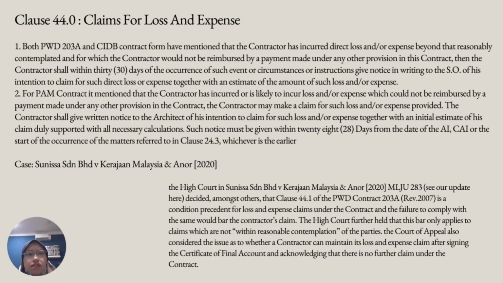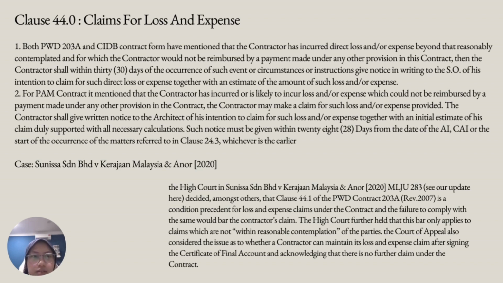And lastly, clause 44, claim for loss and expenses. Both PWD 203 and CIDB contract form have mentioned that the contractor has incurred direct loss and or expenses beyond the reasonably contemplated and for which the contractor will not be reimbursed by a payment made under any other provision in this contract.